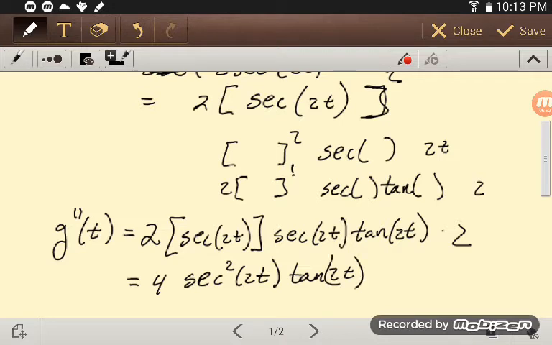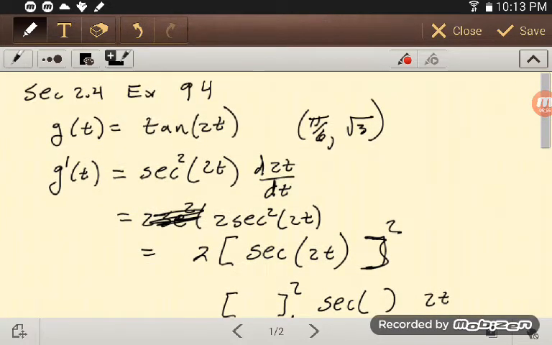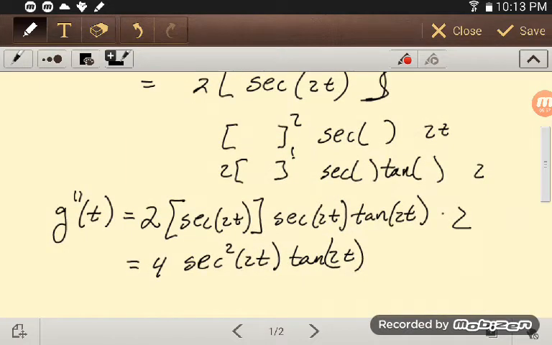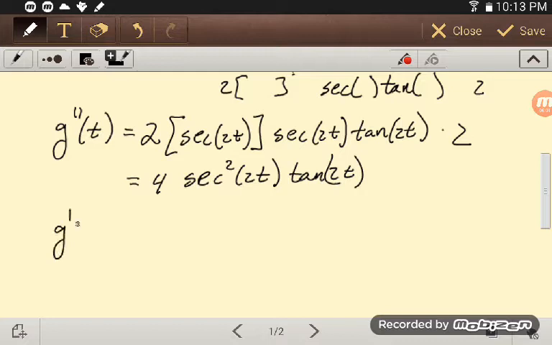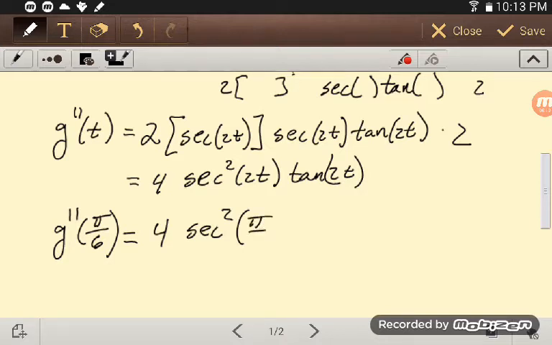And now we were supposed to evaluate that again at pi over 6. So g double prime of pi over 6 is 4 times secant squared of, well, 2 times pi over 6 is pi over 3, and times tangent of pi over 3.